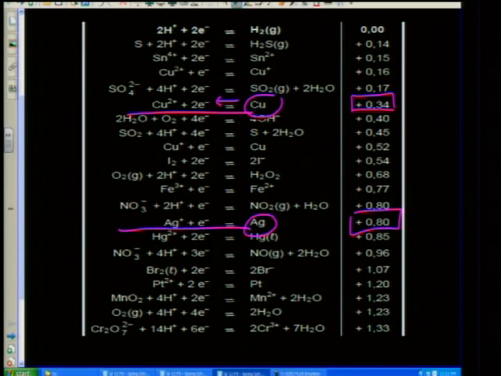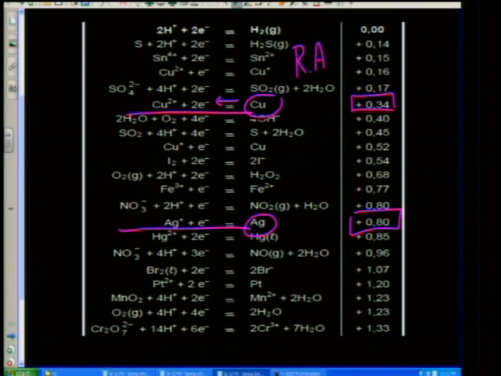So copper as a metal is a stronger reducing agent. It's more eager to donate. So if I have two donors, copper and silver, and they both want to be reducing agents, which one is going to donate more easily? Well, it's going to be the copper because it has a value that is closer to 0.